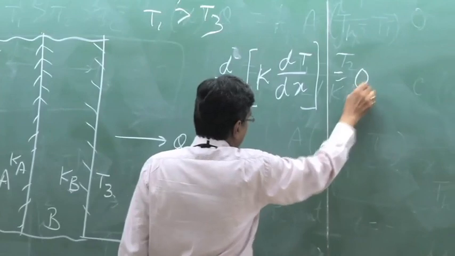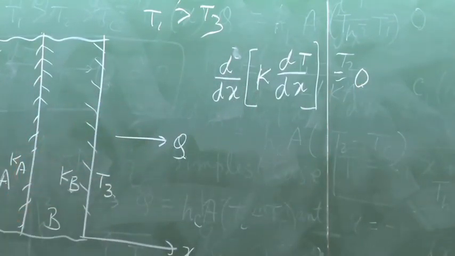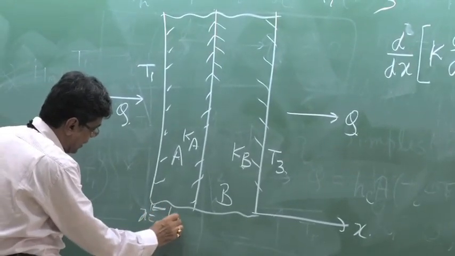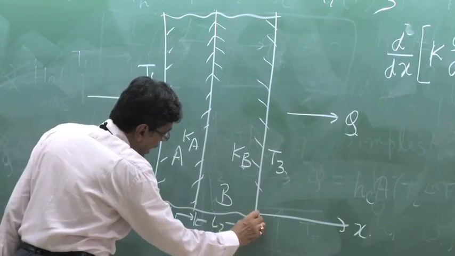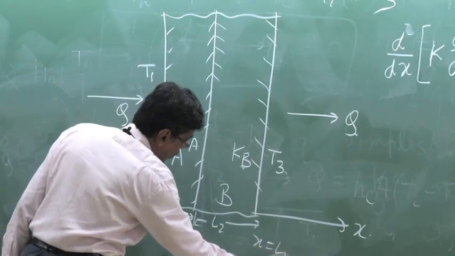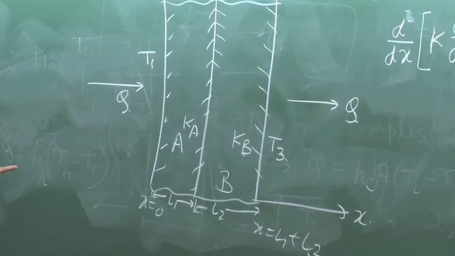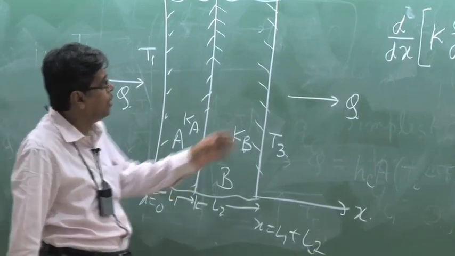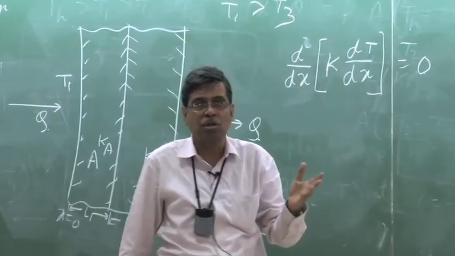Let x equal to 0 be the left face, let this length be L1 and this length be L2, and the right face is at x equal to L1 plus L2. We cannot solve this equation in the entire domain by taking k out, because k is not constant.